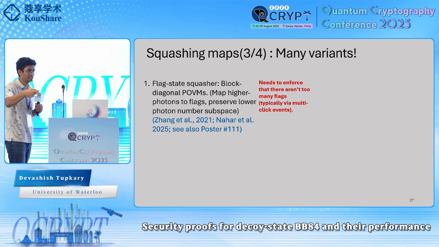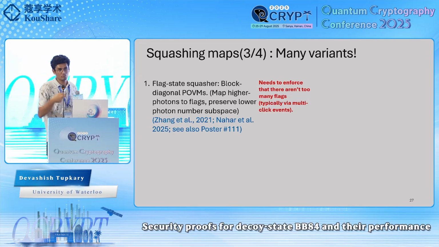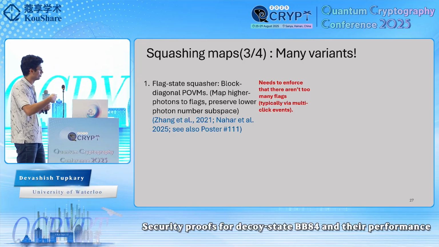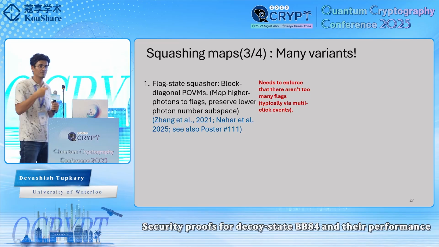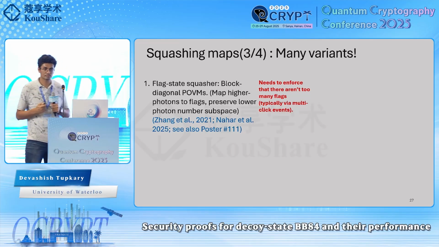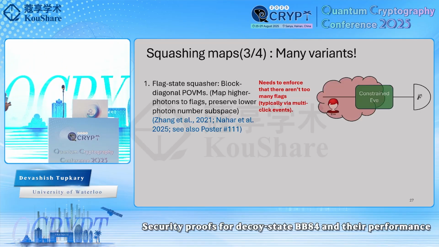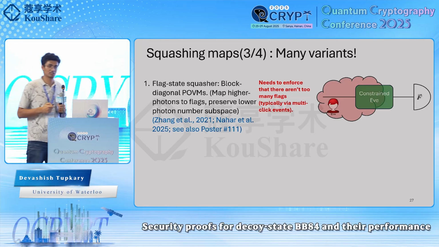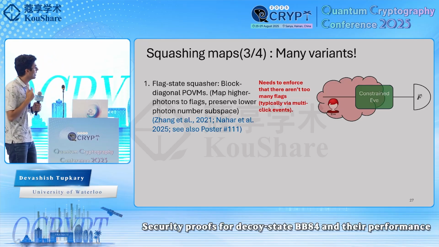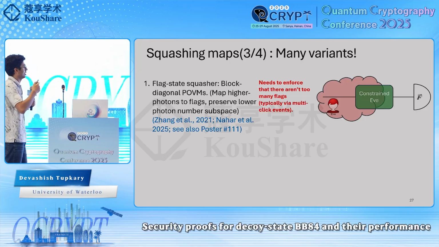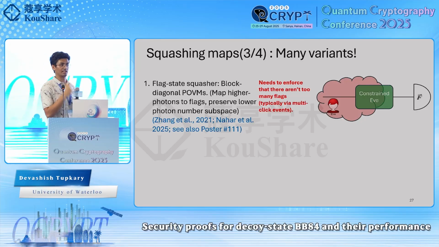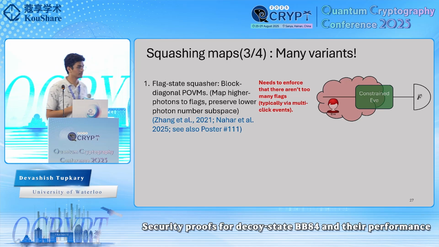Because if it's a classical flag, then Eve knows it too, and in those rounds, Eve knows exactly what happened in Bob's lab. So you can't give the entirety of the squashing map to Eve. You have to somehow constrain Eve to not be able to put everything in the flags, roughly speaking.